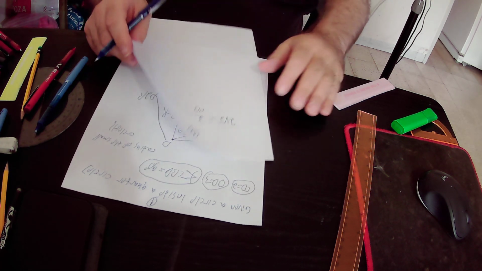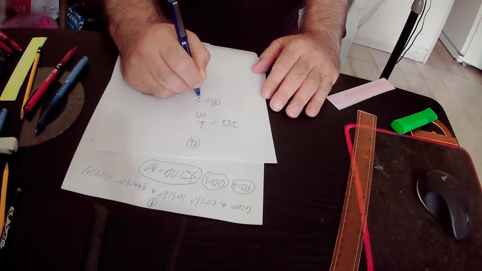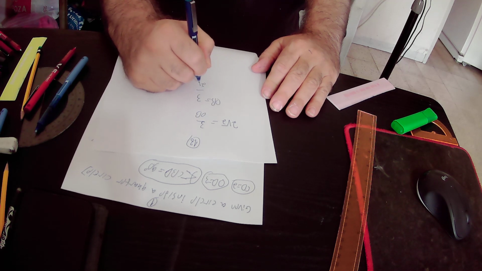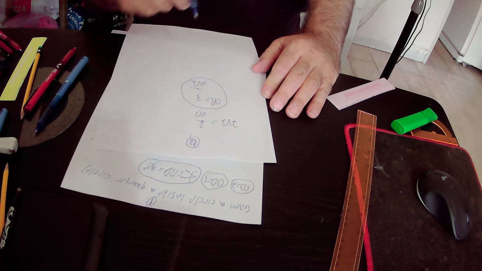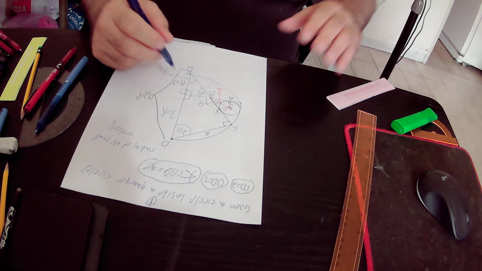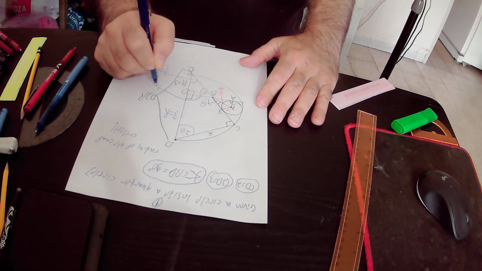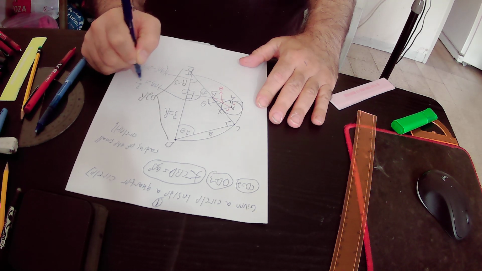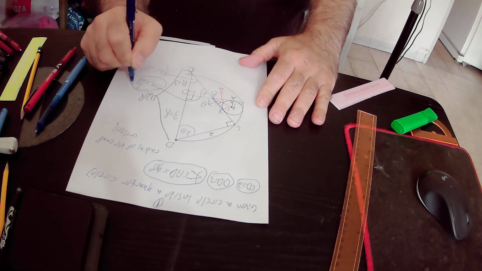We get that OB equals 3 over 2 times root 2. So we found out that OB equals 3 over 2 root 2.